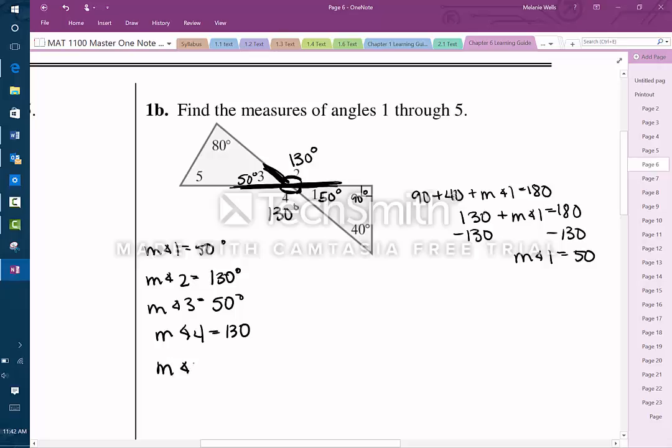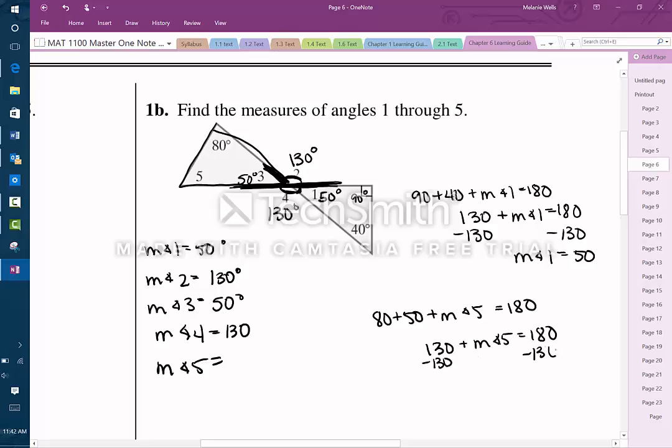Now we just need to find the measure of angle 5, which would be the third angle of this triangle, where we have 80 plus 50 plus the measure of angle 5 adding up to 180. So 130 plus the measure of angle 5 is 180. Subtract 130 from both sides, and we'd see that the measure of angle 5 is 50 degrees.